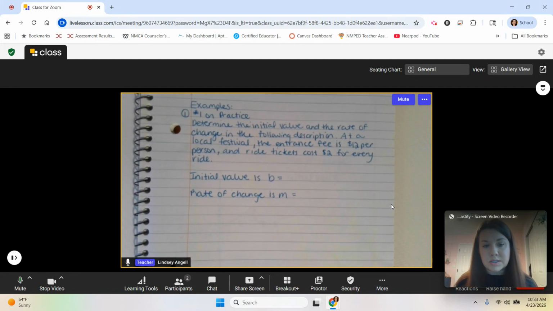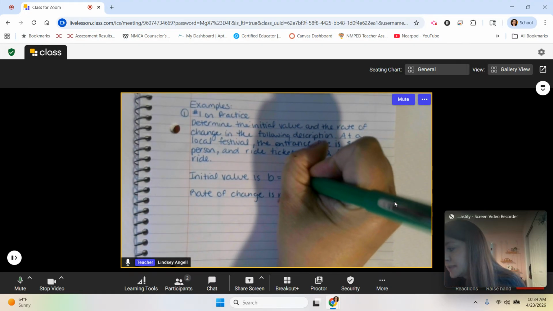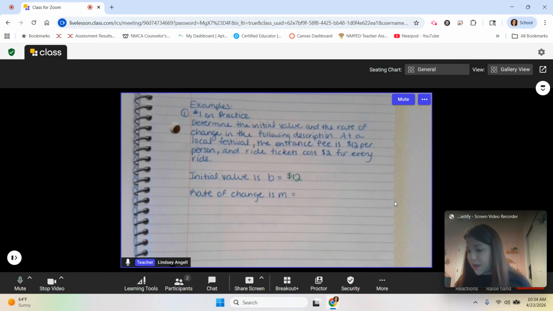Example 1 is also number 1 on your practice. Determine the initial value and the rate of change in the following description. At a local festival, the entrance fee is $12 per person, and ride tickets cost $2 for every ride. So in this case, the initial value, or the y-intercept, is going to be $12, and they might just want the number 12, maybe not the dollar sign.